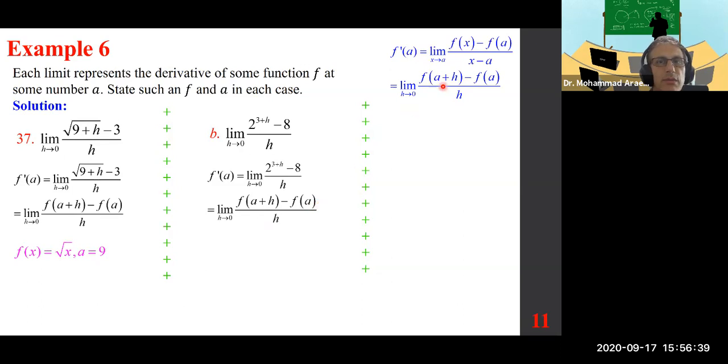Remember, as we did with the previous one, whatever you come up with, quickly check it, see if it makes sense. So what function we have and what is h?